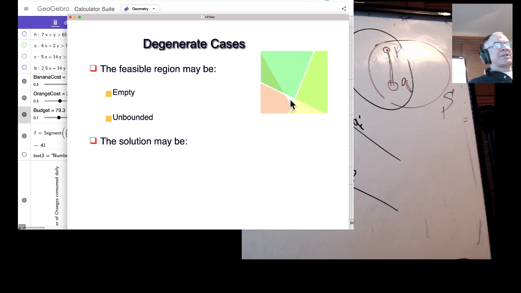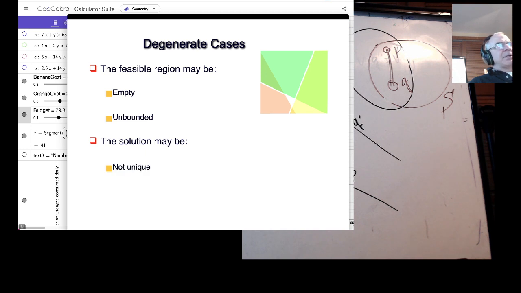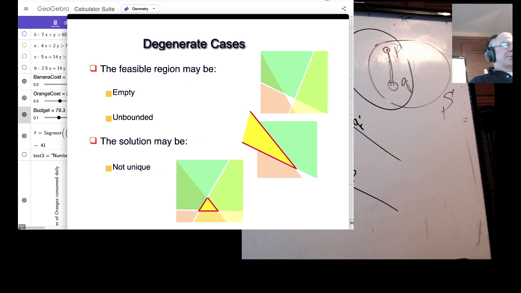The white points that you see here are points that are in none of them. And these points are only on the brownish half plane, but not in the other two. So it's possible that there is nothing in the feasible region. It's possible that the solution is unbounded, or it's possible that the solution is not unique.